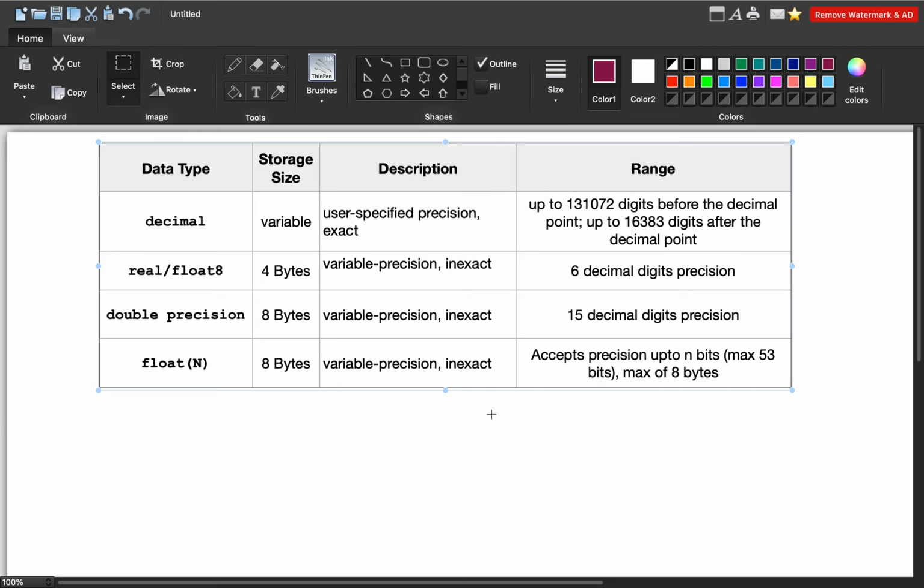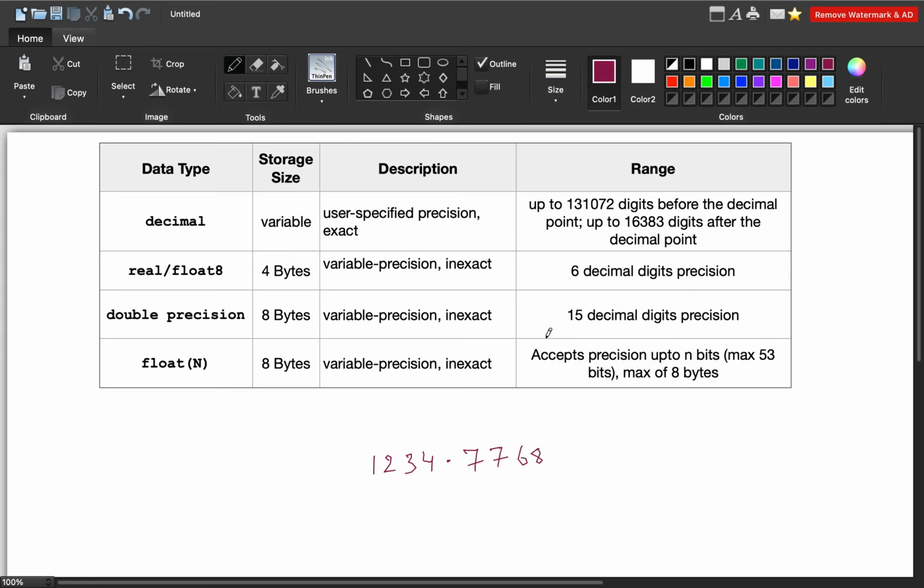What I'm trying to say here is, let's assume that we have a decimal number. So if this is a decimal point, before the decimal point I may have some numbers, let's say 1, 2, 3, 4, and after the decimal point I might have some numbers 6, 7, 6, 8, and so on and so forth.